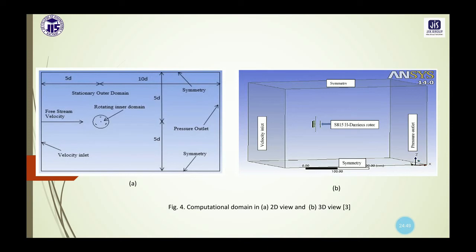The velocity inlet, the pressure outlet, and the symmetry side walls should be a sufficient distance away from the turbine boundary to get an accurate result.